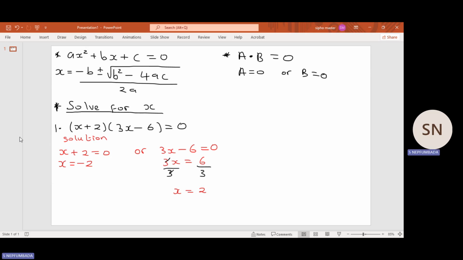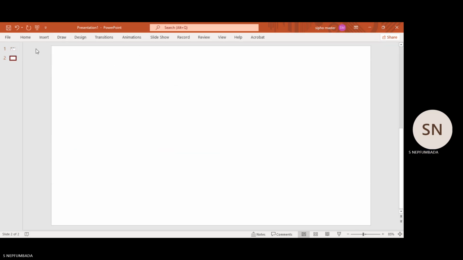Then now, let's proceed to our next equation. Number 2. Let's say the equation says x squared minus 5x is equal to 2.